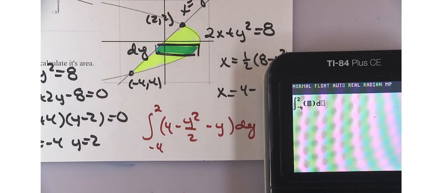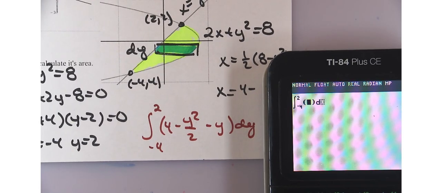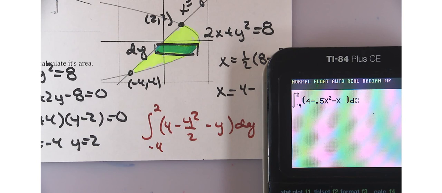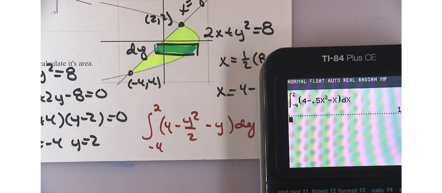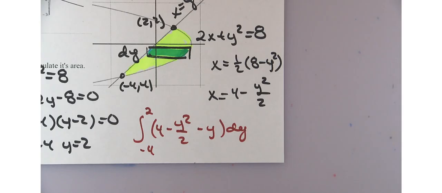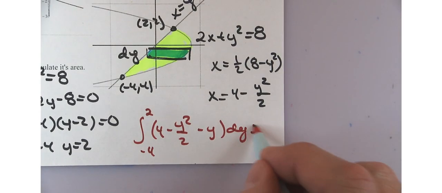Just type it in with x's. 4 minus 0.5 x squared minus x, and then of course dx. You could take the time to do it in terms of x's or in terms of y's, but why bother? We end up with 18. Awesome.